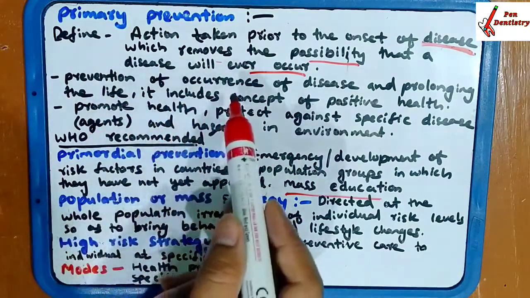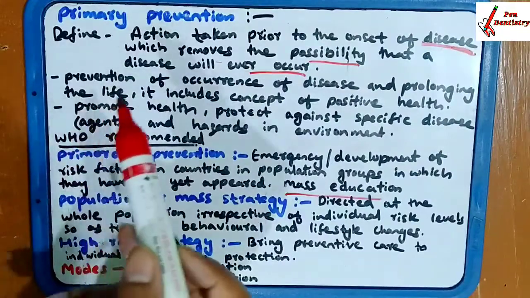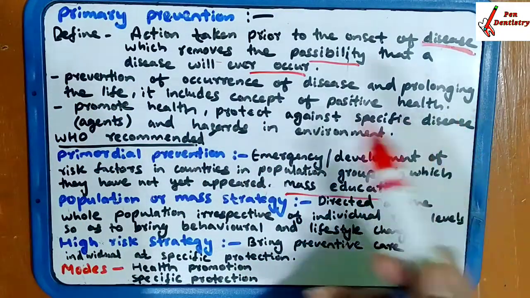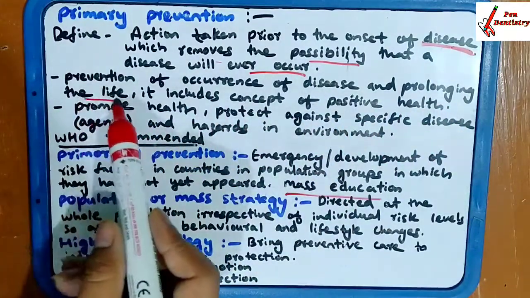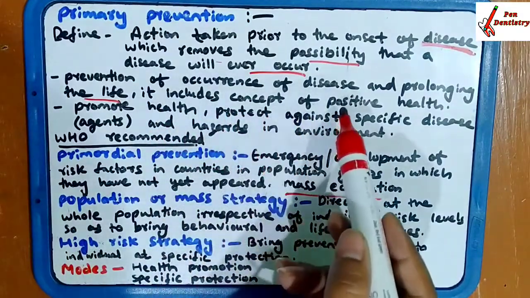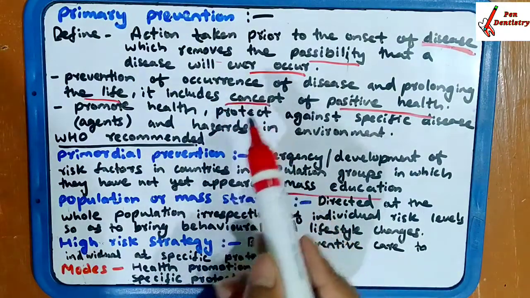Prevention of the occurrence of disease and prolonging of life. Here, prevention of the occurrence of disease takes place. Prolonging of life, that is, disease-free life, is achieved. It includes the concept of positive health, that means good health is included here.